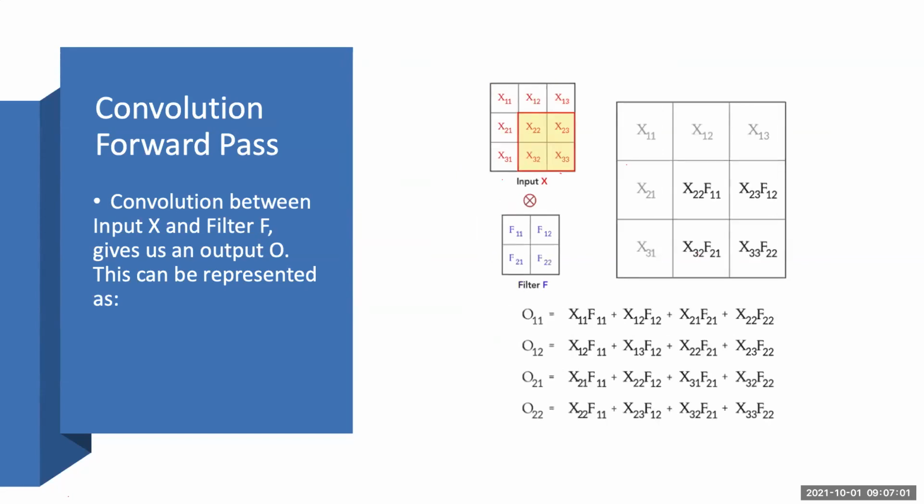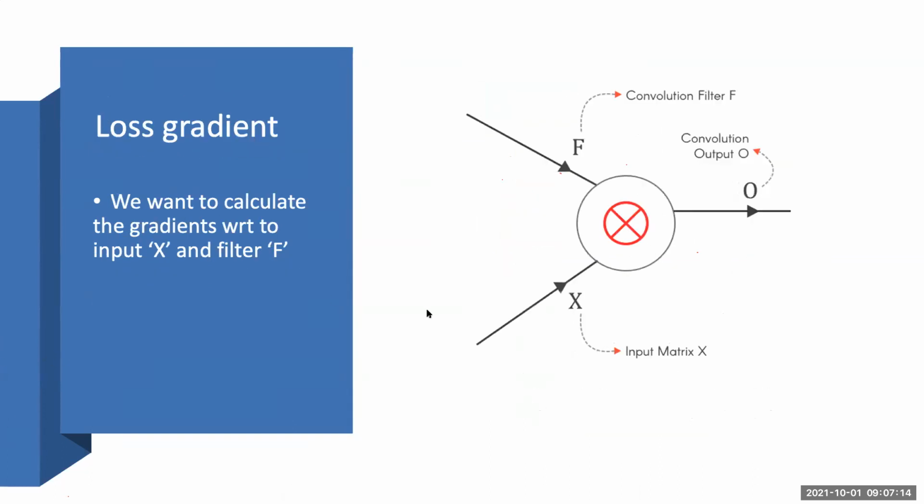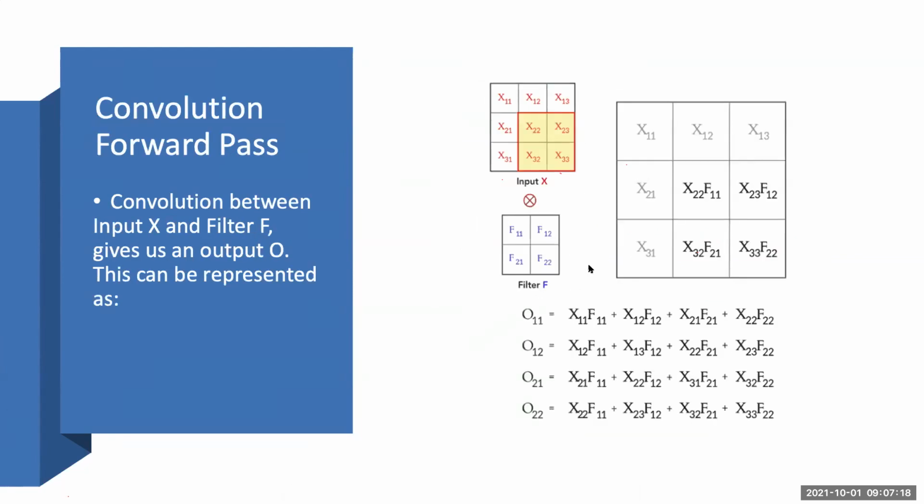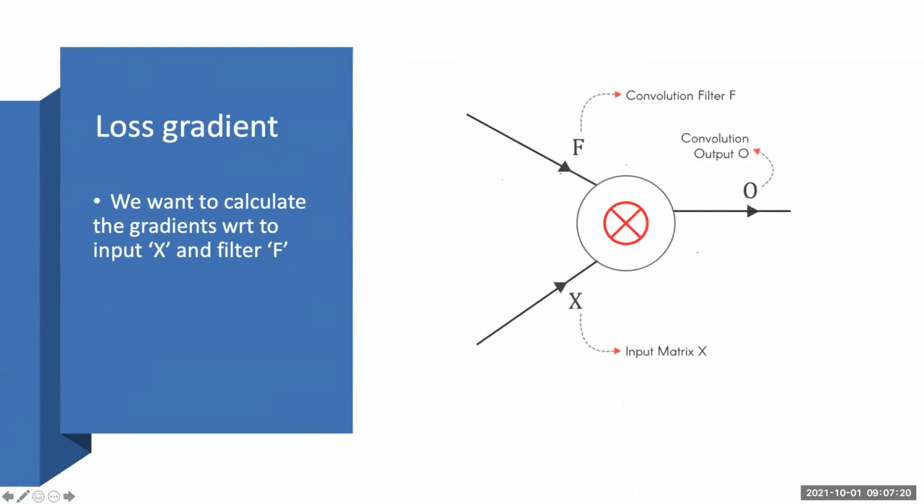So your output size would be a 2 by 2, and this would be the value of your output matrix. So that's the forward pass. Remember that what goes into your convolution is the filter and the input matrix, and what comes out is the output of the convolution, right?